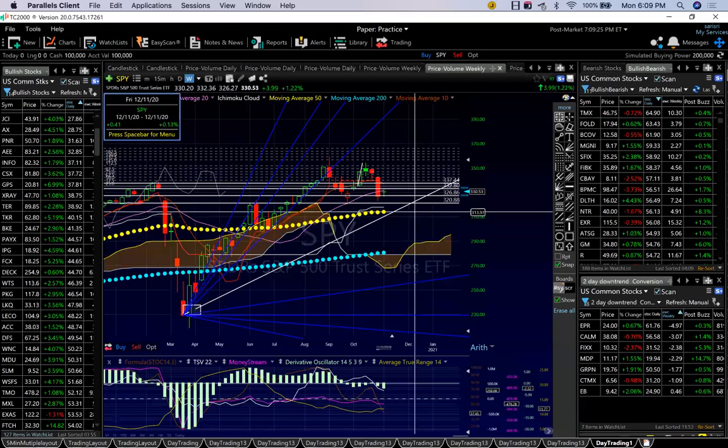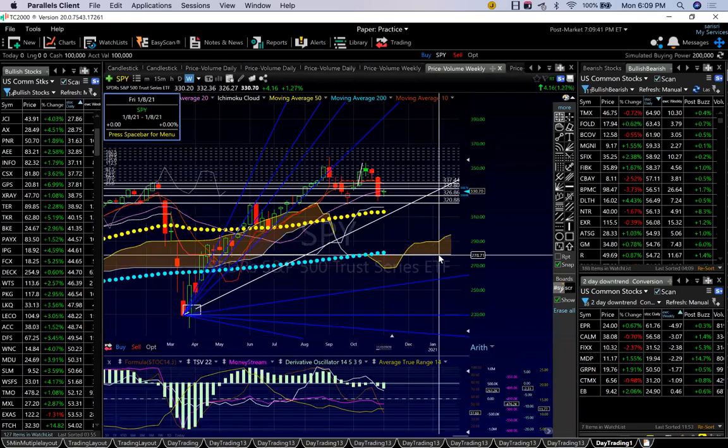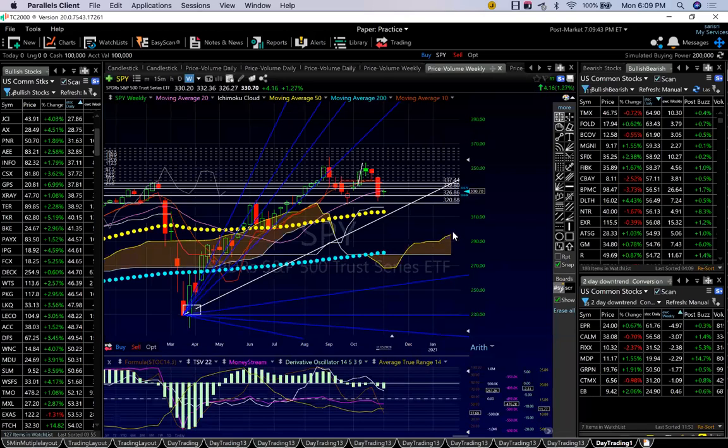If you can get into long LEAP calls and see if it takes off. If the SPY is going, the good thing here is lead span A is deviating away from the lead span B. That means it's going up and up and up.